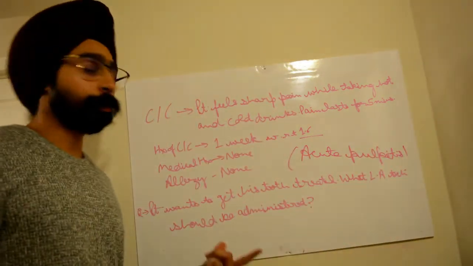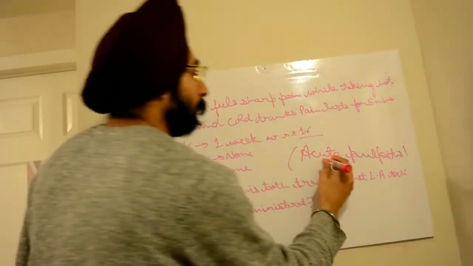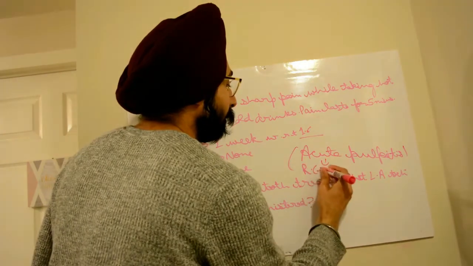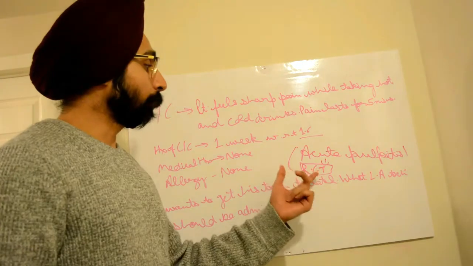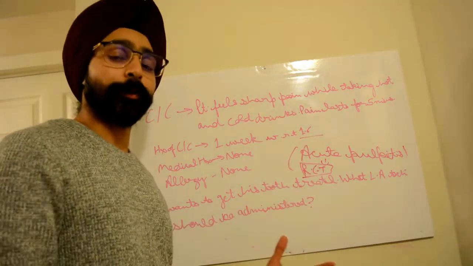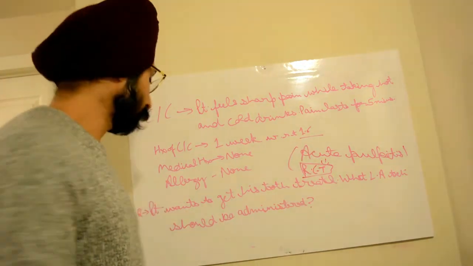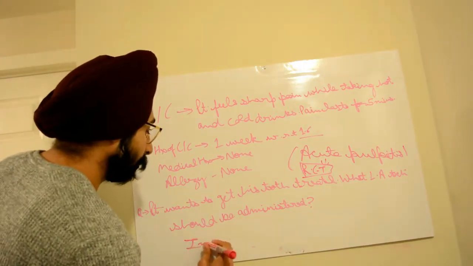And the patient wants to get root canal treatment done, RCT done. So if a dentist wants to perform root canal treatment on 1/6, what local anesthetic technique should he be using? The answer is infiltration.